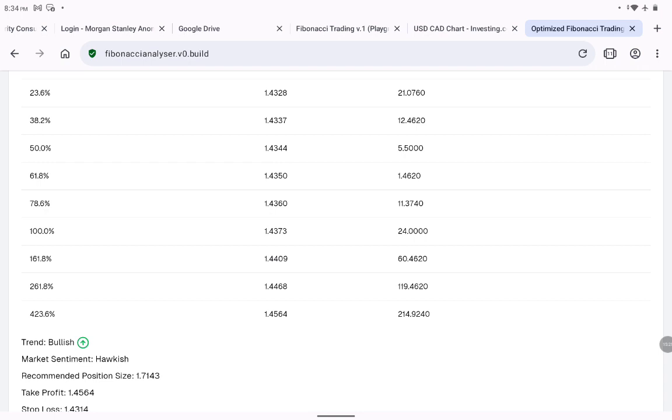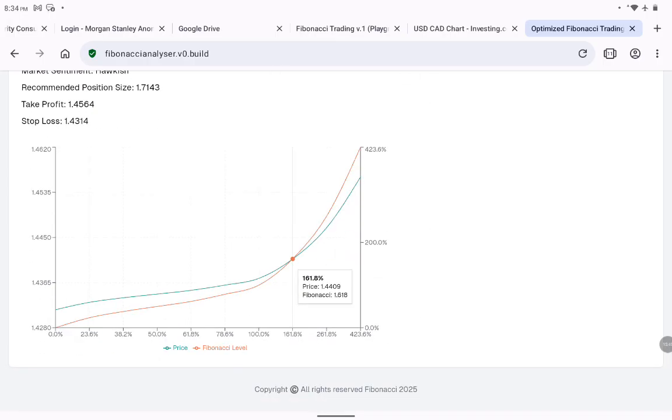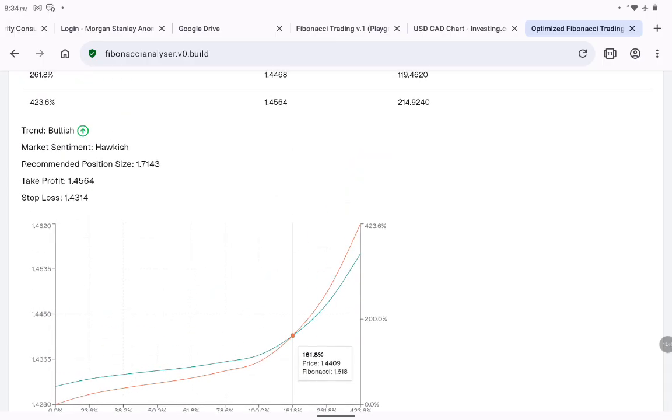You can also trade for 1.4373, 24 pips, which isn't bad, or the 1.43 round figure where it's 1.4409, right? Or you can go for 60 pips, which is exactly where it intersects on the chart, right?